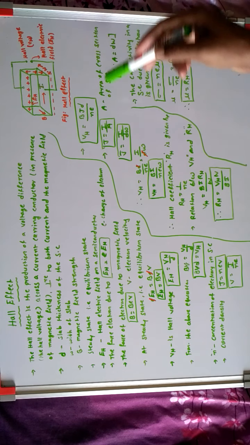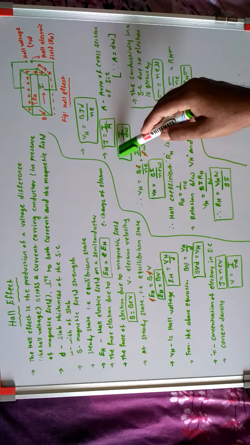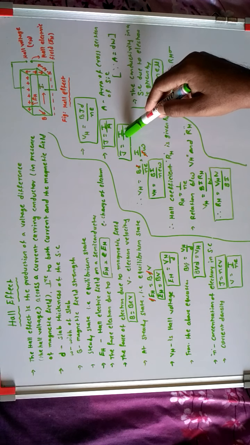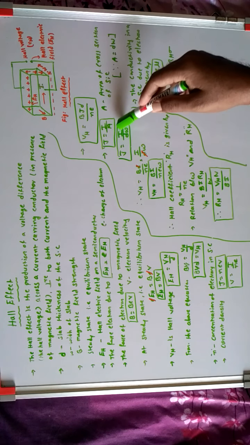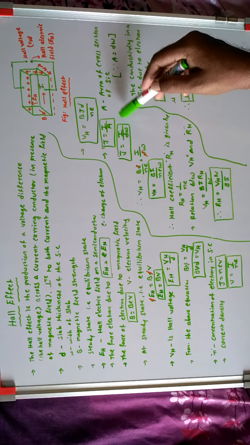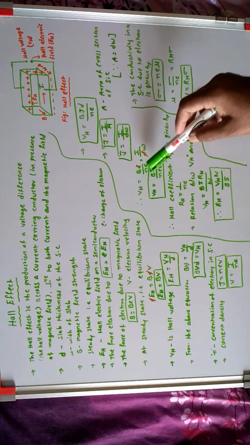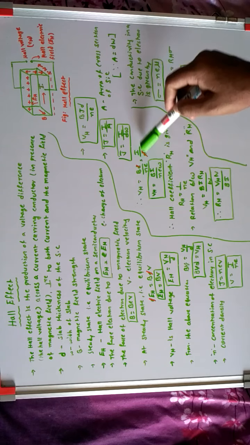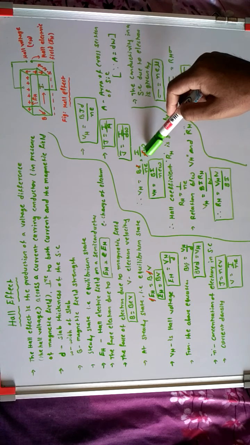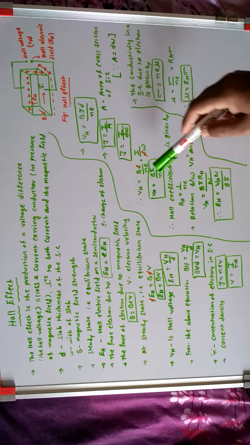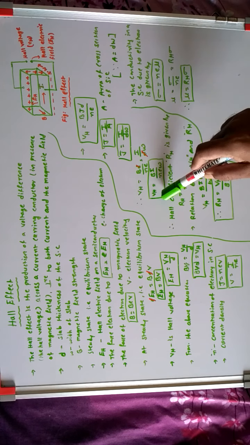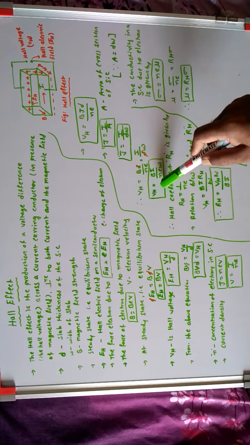This A value is substituted, so J equal to I by dW. Substituting J in the Hall voltage equation, VH equal to Bd by ne into I by dW. d cancels, so the final value is VH equal to BI by neW.